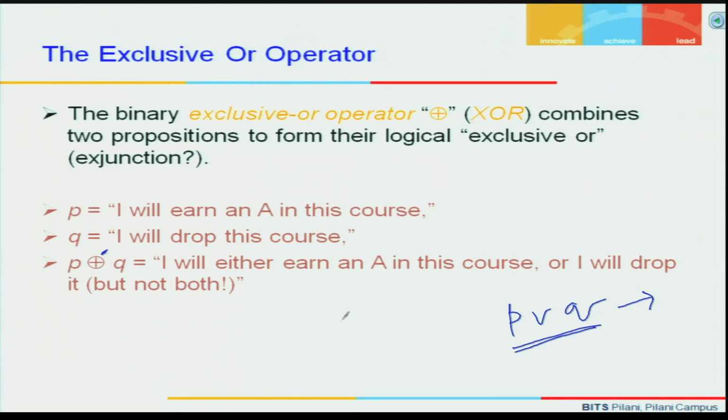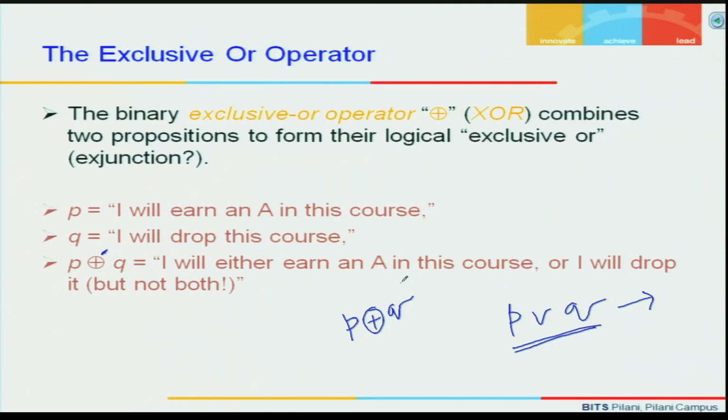However, with this exclusive operator, when somebody comes and tells me that P exclusive OR Q, this compound statement is true, then I can always say that I will earn A in this course or I will drop this course. There are no other inferences that I can make when I know that P exclusive OR Q is true.